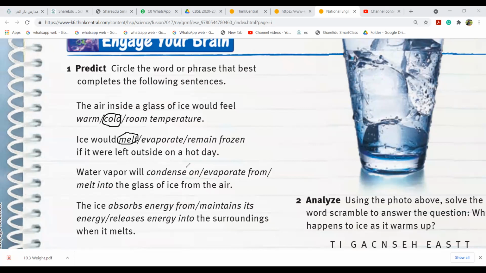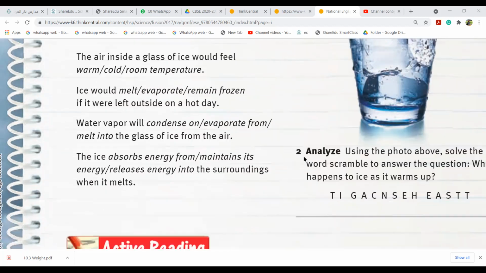It will condense. Does the ice absorb energy, maintain energy, or release energy? When it melts, it absorbs energy, girls. These were the three things.